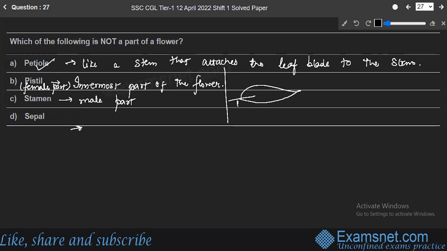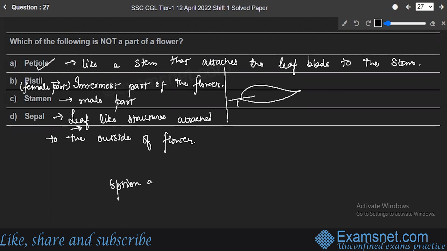Then sepal, they are leaf-like structures attached to the outside of the flower. Okay, they are very much similar to the petals. So I hope you are clear. The answer to the question is option A.